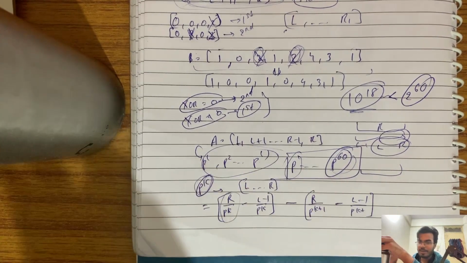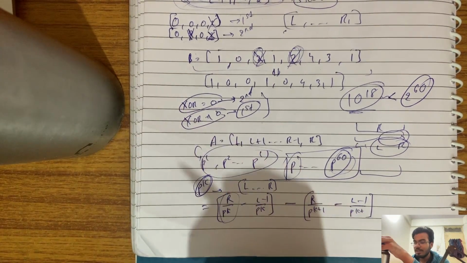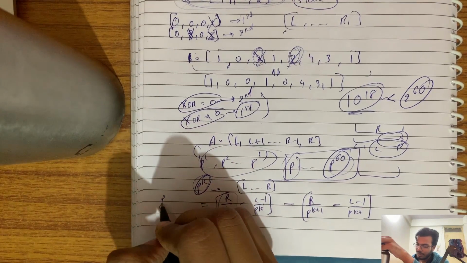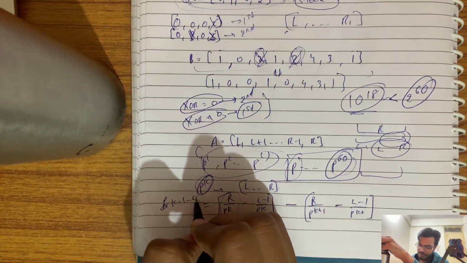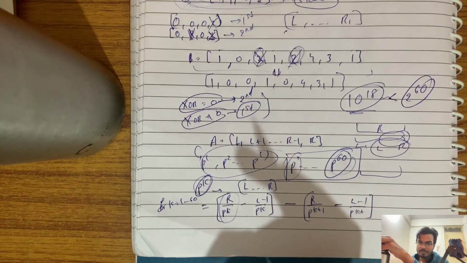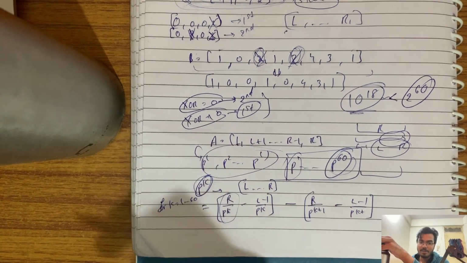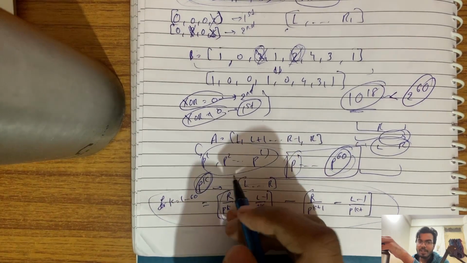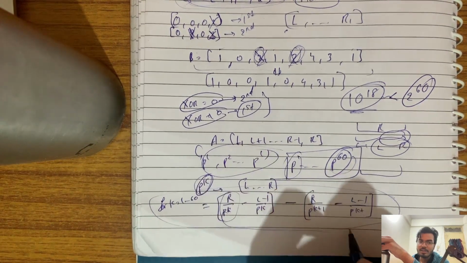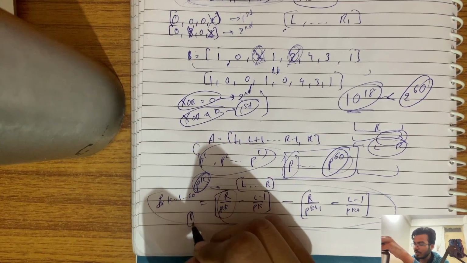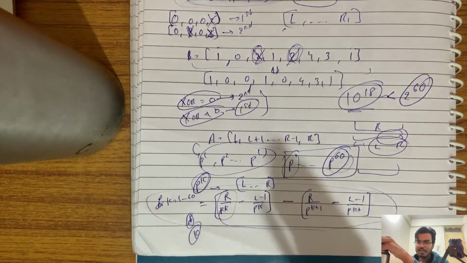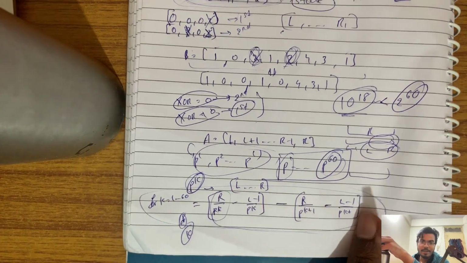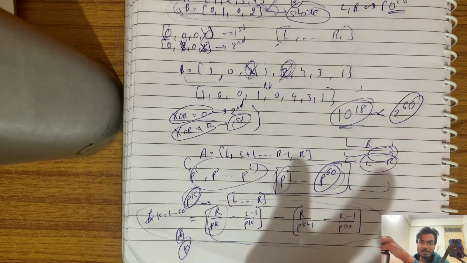I have to compute this for every k, for k equals 1 to 60, for every prime number I am given. And once I have this, I have to take the XOR of all these k values, and then I can do it, right? I hope you were able to understand my approach.